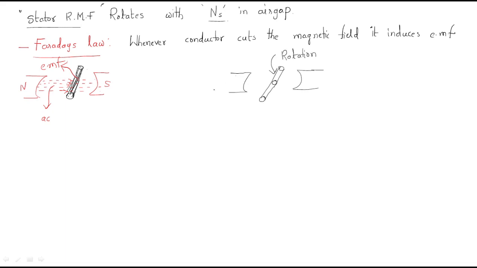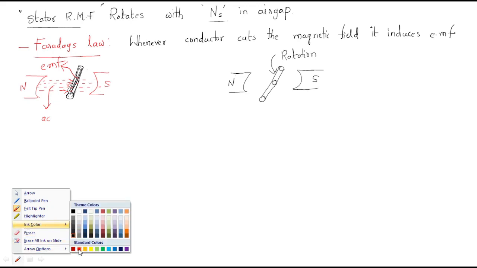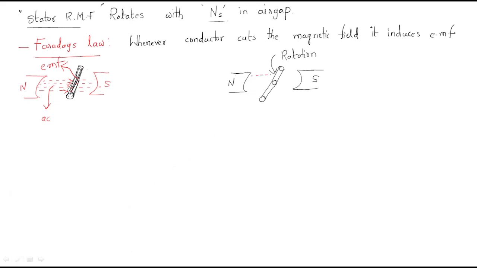It is in rotation, and the flux is stationary. We have a north pole and a south pole. Flux is stationary means it may be a DC flux, and the flux will travel like this, north pole to south pole. In this condition, the conductor rotates, the flux is constant, and automatically it will induce EMF.